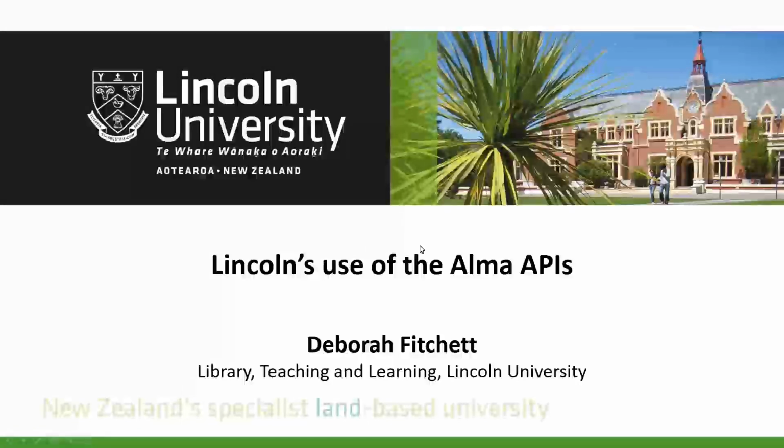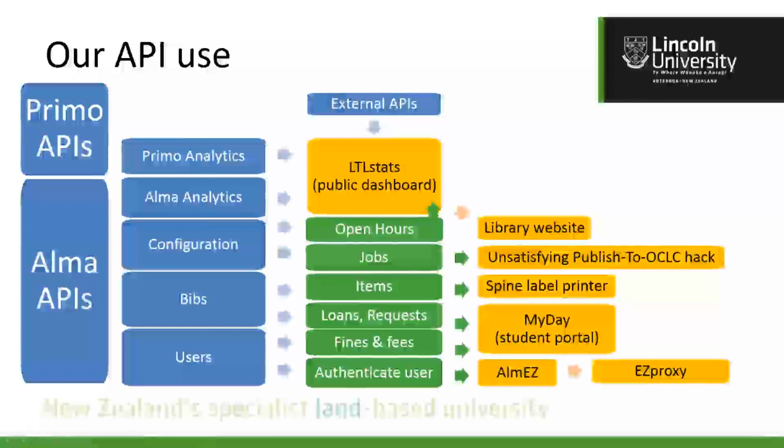So this is just an overview of our use. We're using the Primo Analytics and Alma Analytics, along with a whole bunch of external APIs, feeding into a public statistics dashboard.